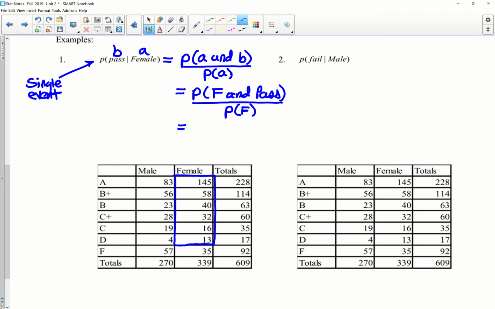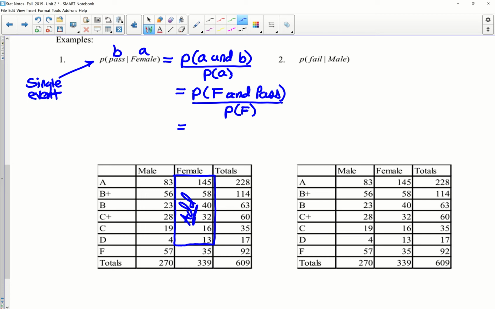Single event. All right, so you would add all these up. All right, because those are the cases where you're a female and you have a passing grade.